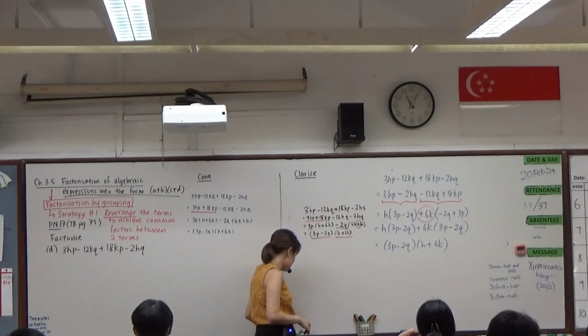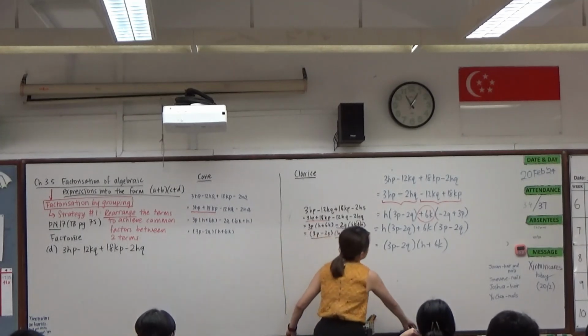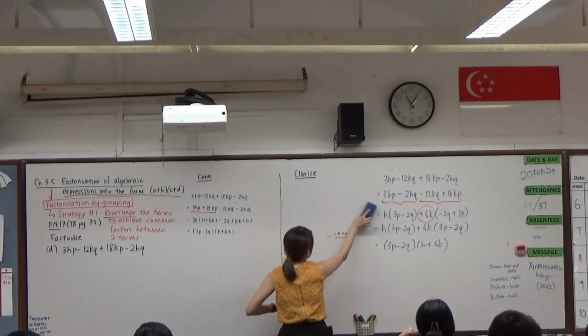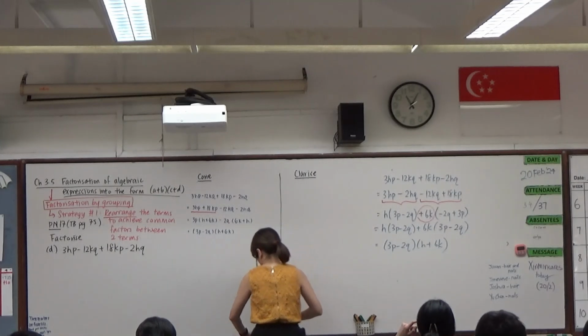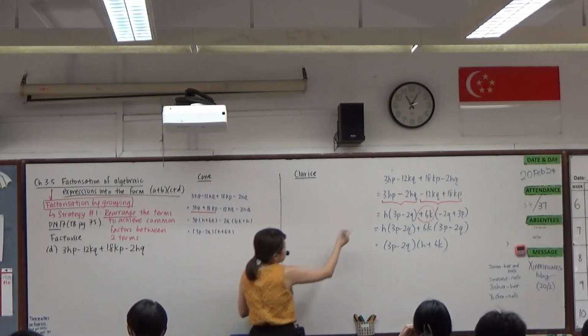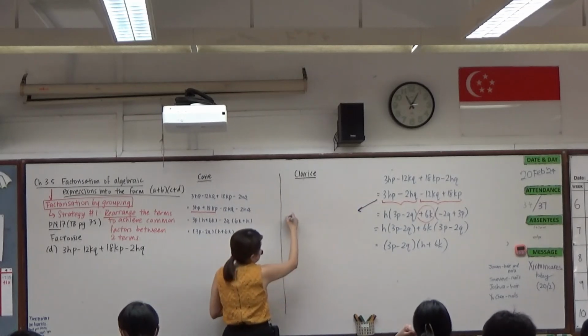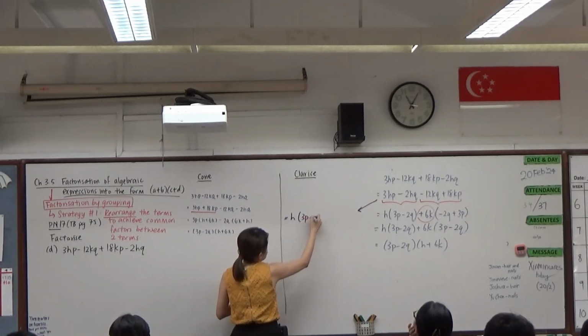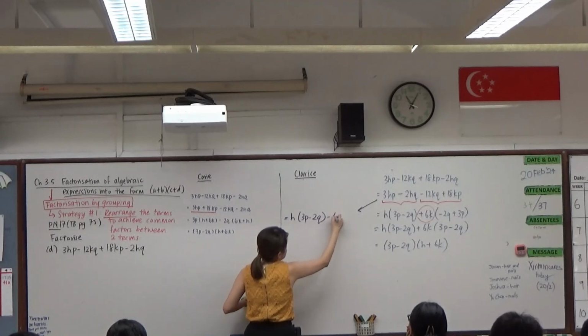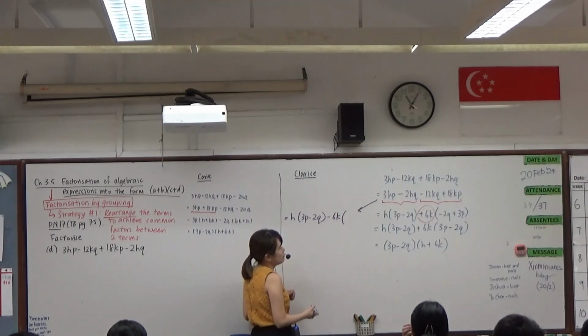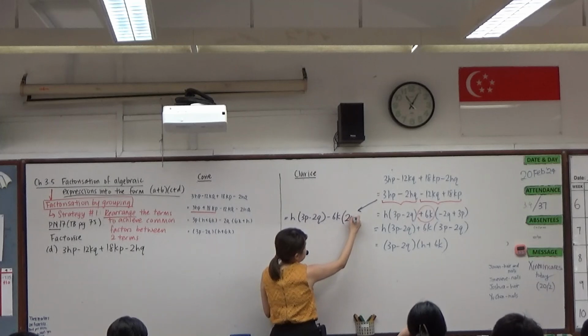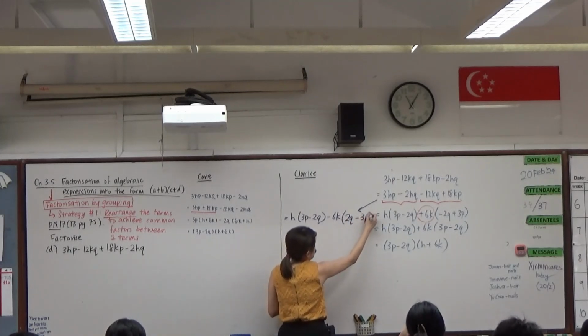I'm just wondering, just to stretch us a little, what if we were to extract negative 6K out instead? Meaning to say, from this step, I write H times 3P minus 2Q, negative 6K, and then what we'll be left with will be positive 2Q and negative 3P.